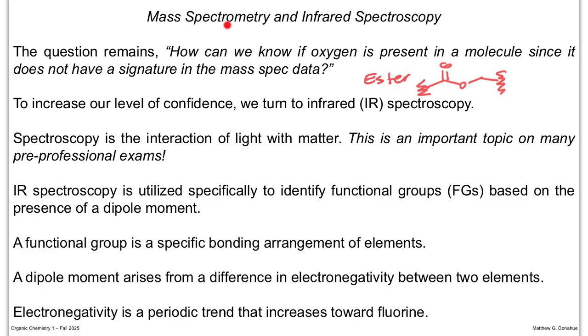So notice that, again, the name changed from mass spectrometry to spectroscopy. And so IR and NMR deal with spectroscopy, and that's the interaction of light with matter.